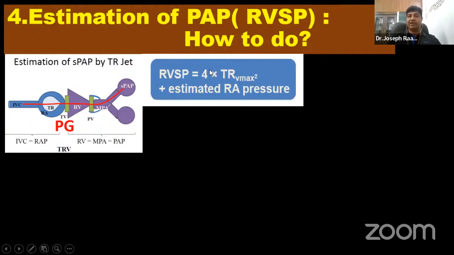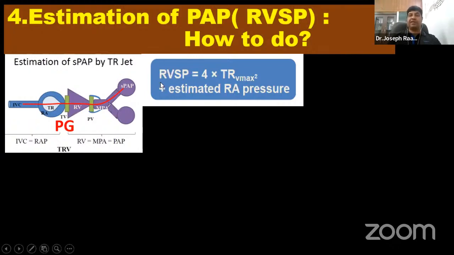Based on this, the pressure gradient is 4 times v squared, the velocity. Here we are calculating the velocity of the tricuspid regurgitant jet, the jet that is coming back into the right atrium from the right ventricle. If you can measure this velocity, then using this formula and adding the estimated RA pressure, you can come to a conclusion about the right ventricular systolic pressure.